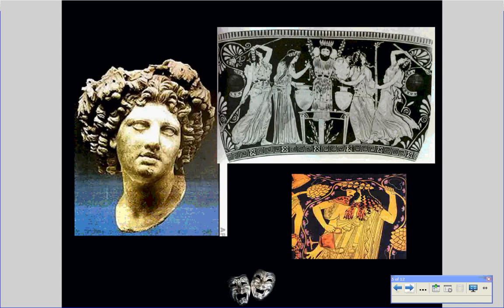Come on. Oedipus. This is a representation of one of the Greek gods. I'm talking about Greek theater. Which Greek god was the patron god of the festivals? Dionysus.